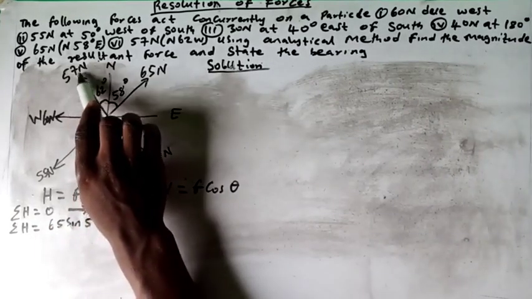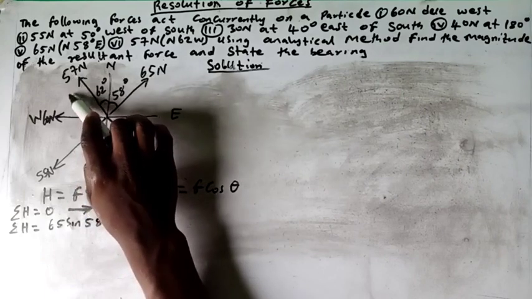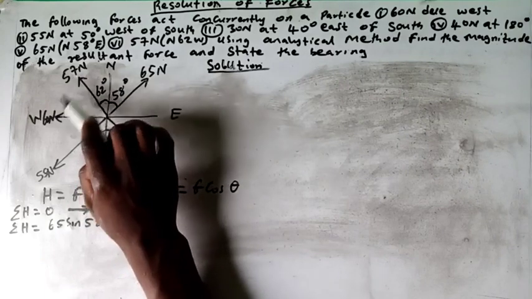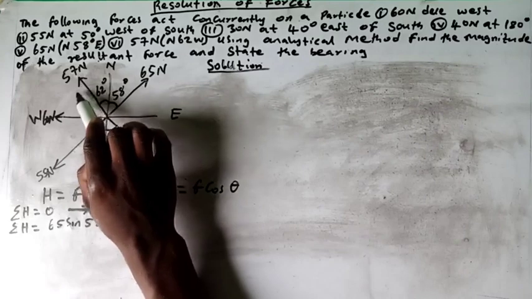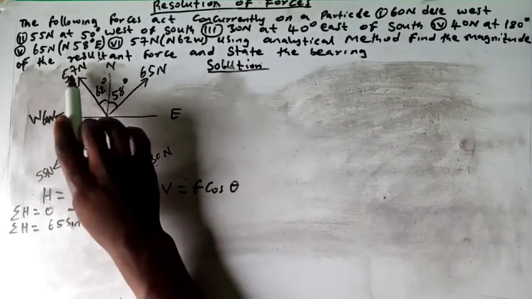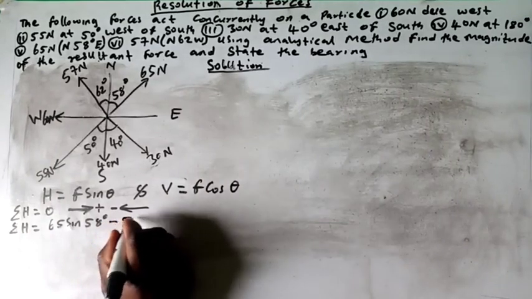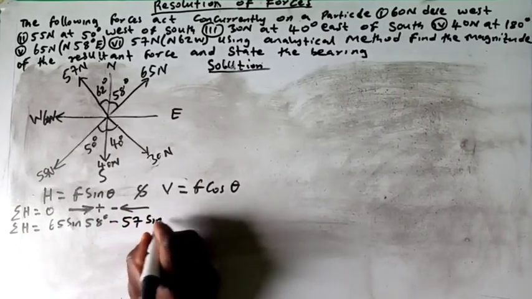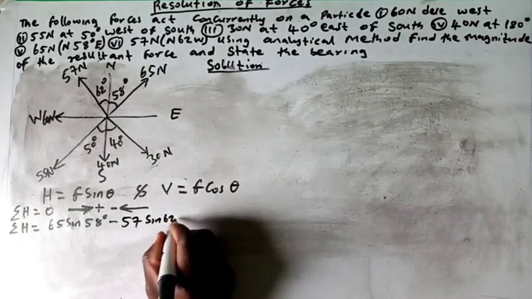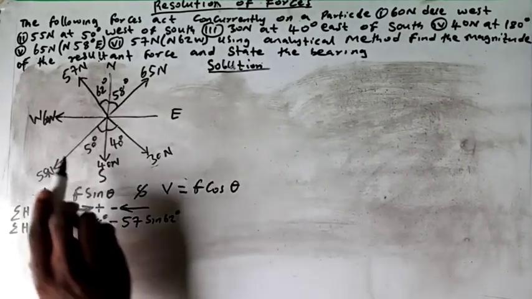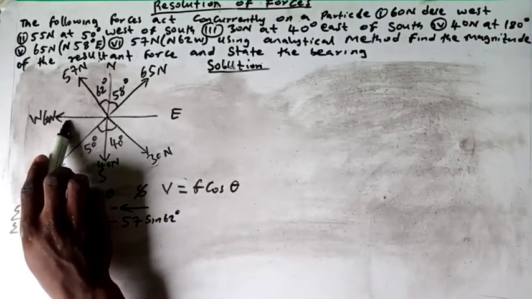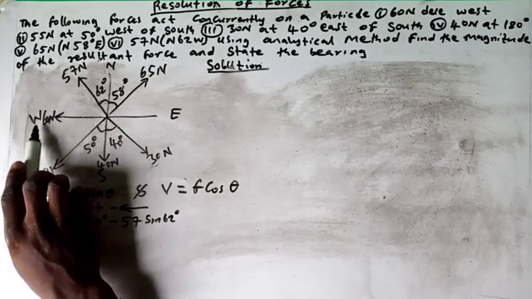This 57 Newton force, if we close this angle by dragging it down, the arrow points towards the negative direction. Therefore, this 57 Newton is negative. We have minus 57 sine 62 degrees. The next one is 60 Newton and is pointing towards the negative direction.